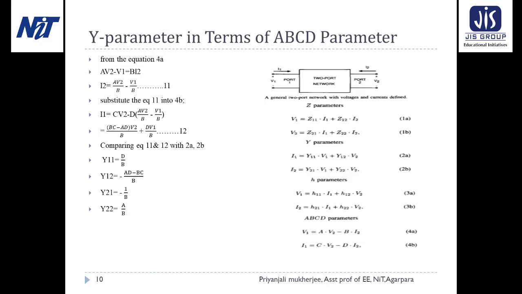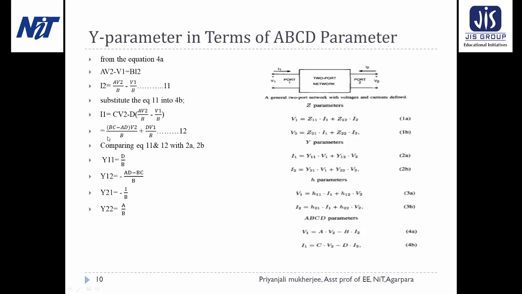And again, we are converting the Y into the ABCD parameter. The ABCD parameter equations are given as V1 equal to AV2 minus BI2 and I1 equal to CV2 minus DI2. From the first equation, we can find the value of I2, that becomes AV2 by B minus V1 by B, and we can substitute this into the second equation, I1 equal to CV2 minus DI2.